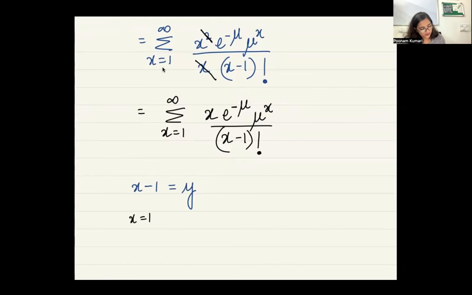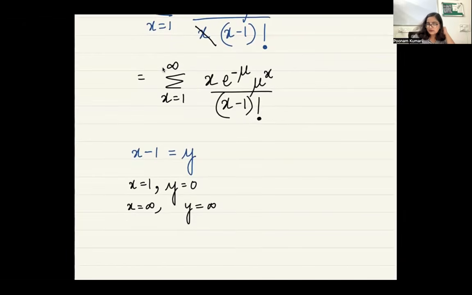Whenever x is 1, y is going to 0. And whenever x is going to infinity, y is also going to infinity. These two things we are fine with. Right? So let's just try to replace the variables again here.